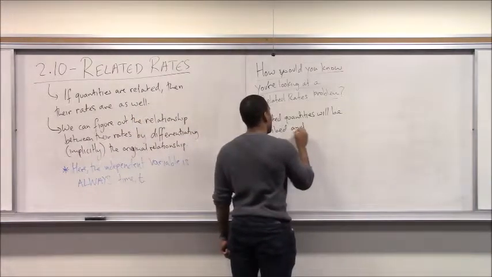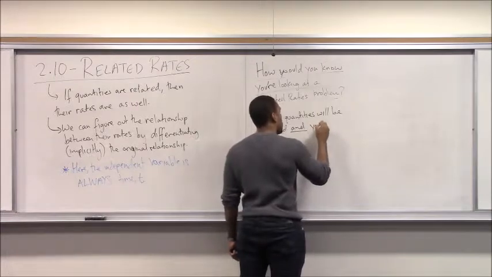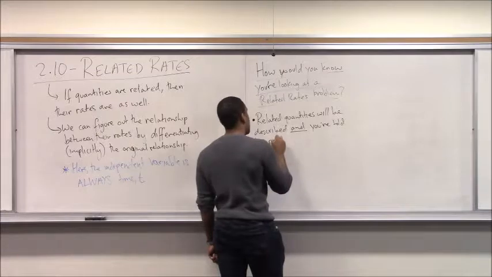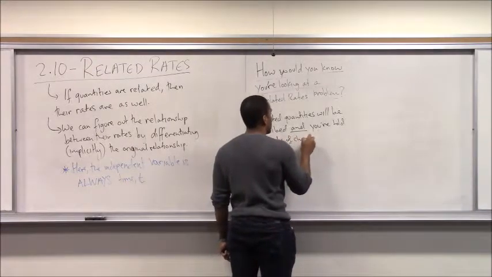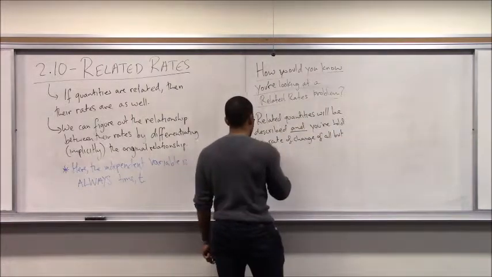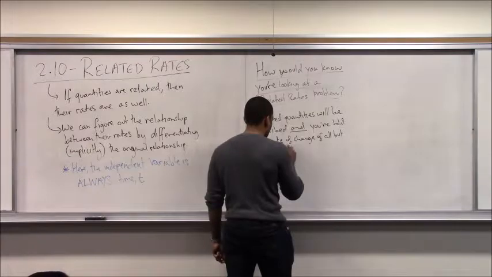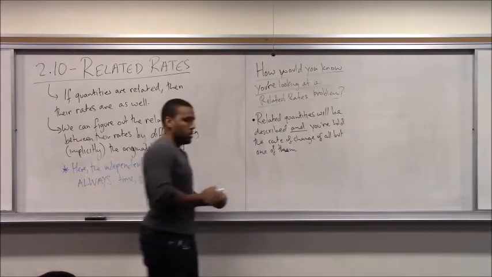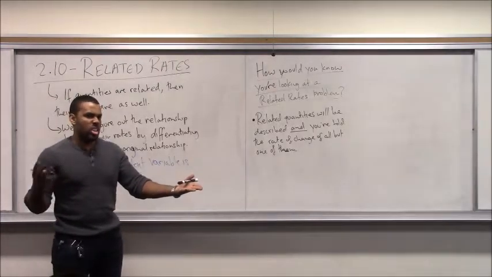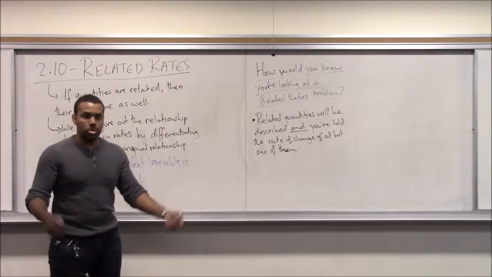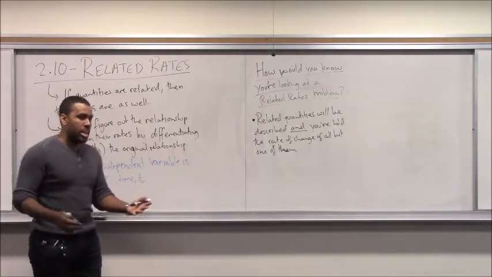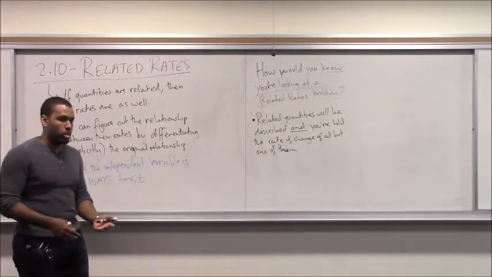But what makes a difference is you're told the rate of change of all but one of them. So someone's going to say, hey, these two things are related, and guess what? This one is moving this fast. They're going to tell you about some relationship between two things, and then how fast one of those things is moving.